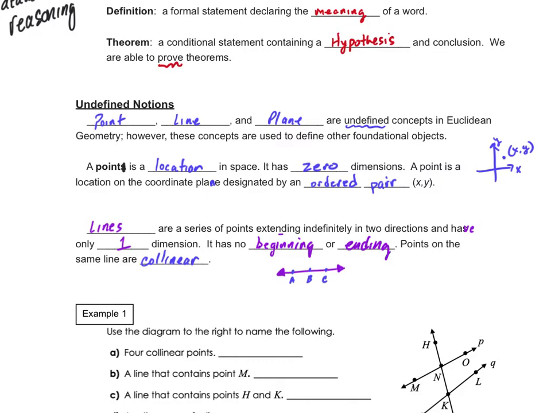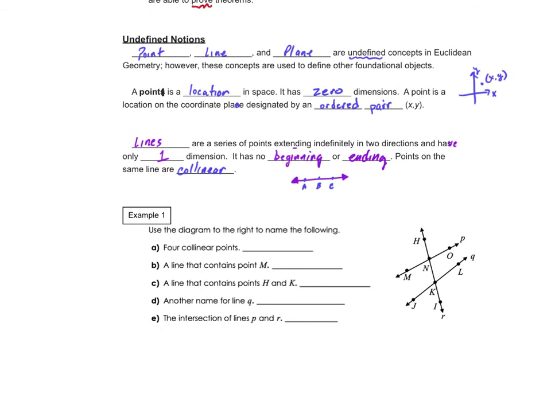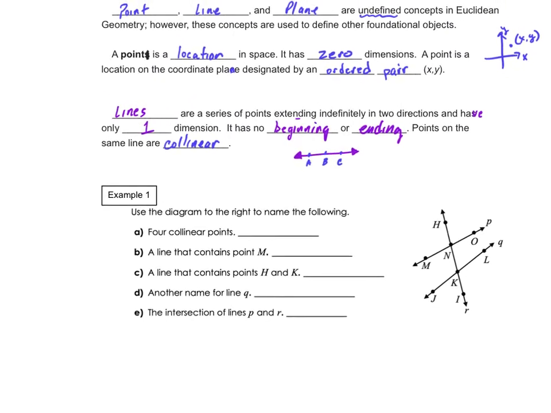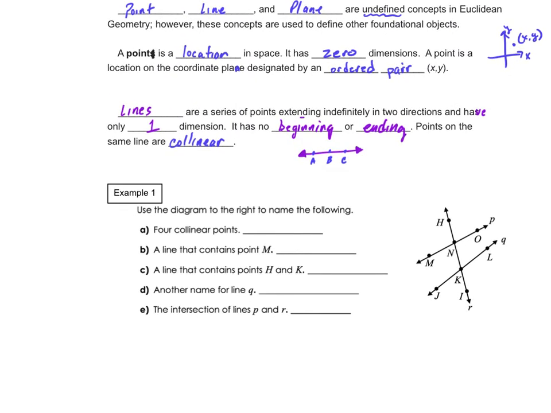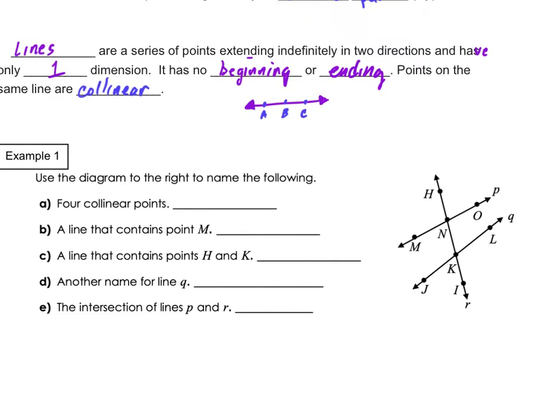So looking at that, we can look at this example, which says, use the diagram to the right to name the following. As we can see here, we have 3 lines. Here I have this line, which could be considered line R, and there's other ways to name it.